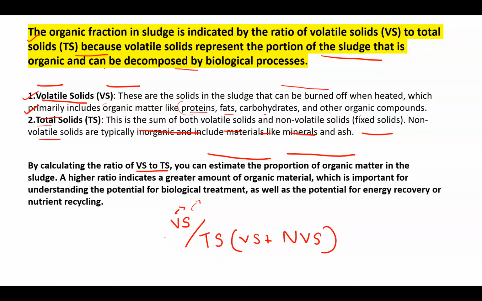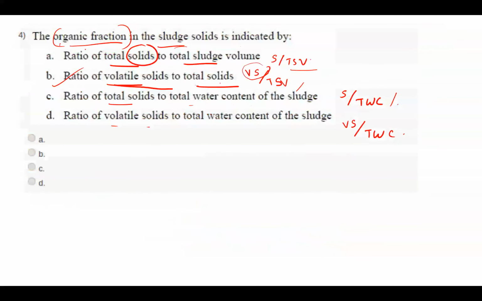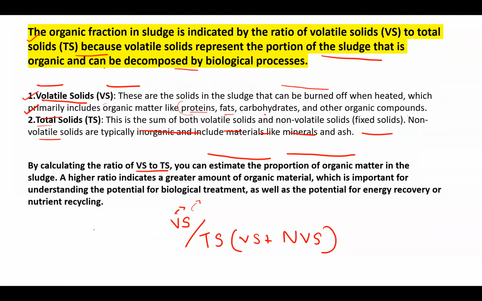When we take this fraction, it is called the organic fraction in the sludge. If this ratio is very high, a higher ratio indicates a greater volume of organic material, which is important for understanding the potential of the biological treatment as well as the potential for energy recovery or nutrient recycling.